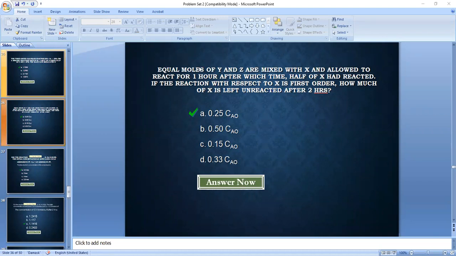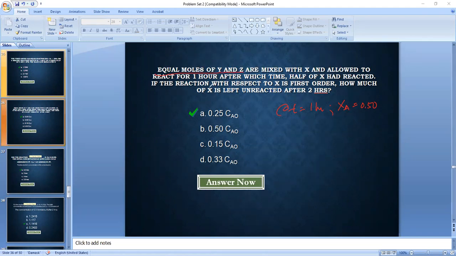So we could get here that at t equal to 1 hour, you have x sub a equal to half. So you have 0.50. Half of x had reacted. If the reaction is first order with respect to x, how much of x is left unreacted after 2 hours? So how will you write your rate law in this case? Will this have bearing, this one, equal moles of y and z?